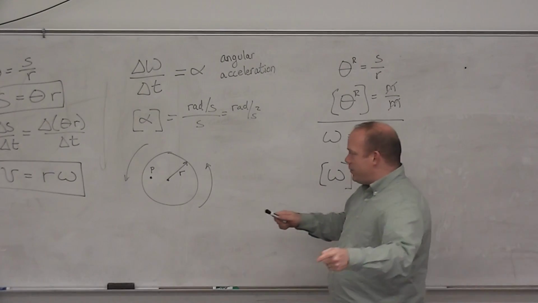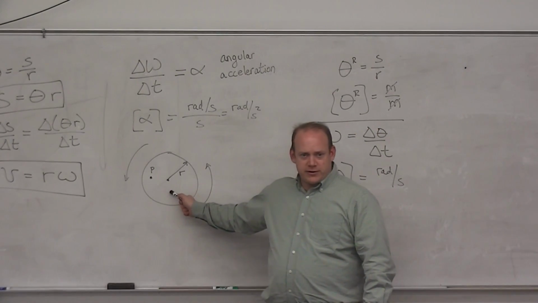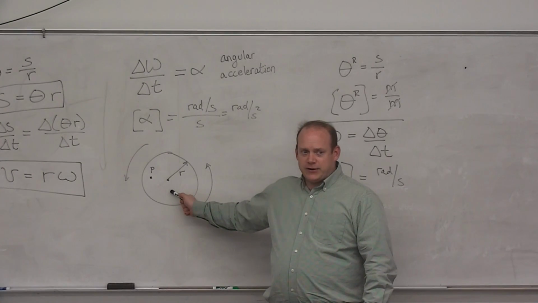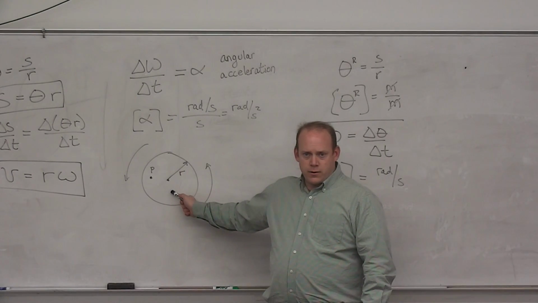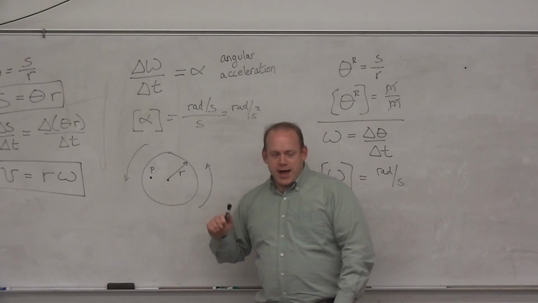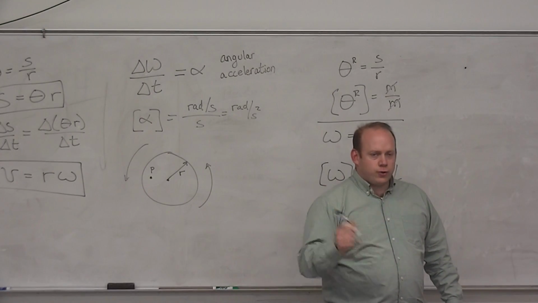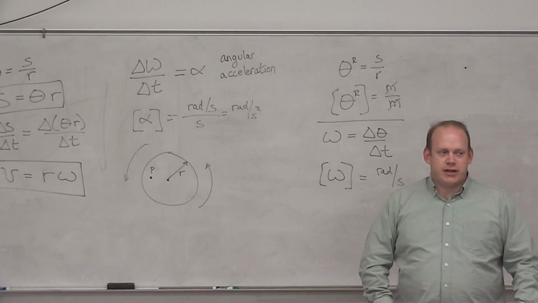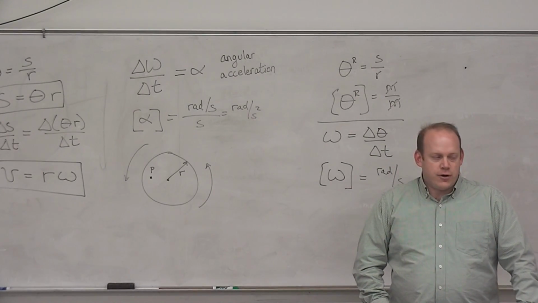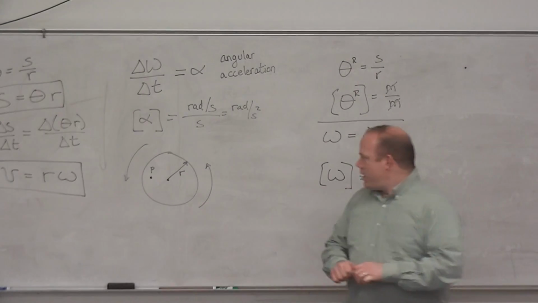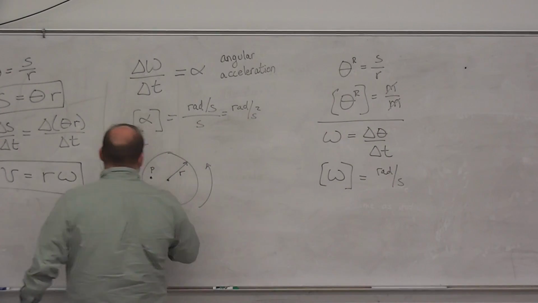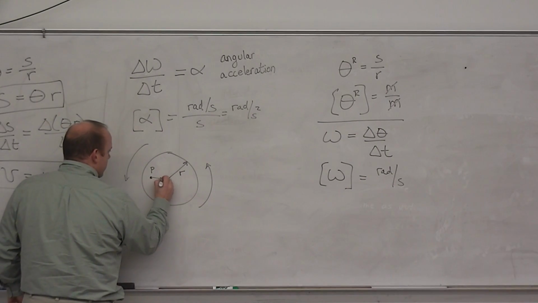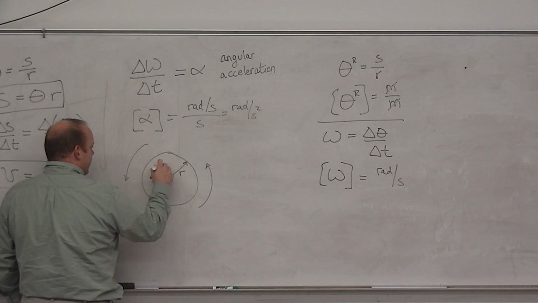The direction is going to be inward. It definitely has a centripetal acceleration inward. That's v squared over r, or omega squared r. But if the actual rate of rotation is changing, we also have what's called a tangential acceleration. Centripetal acceleration points in.